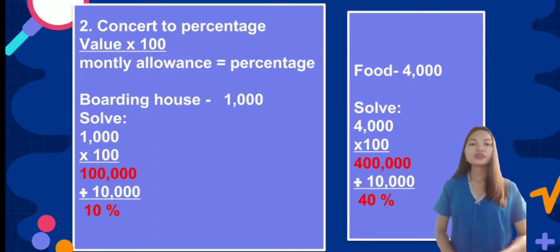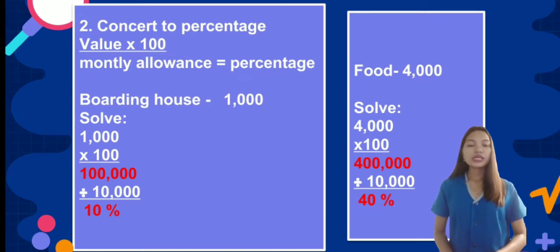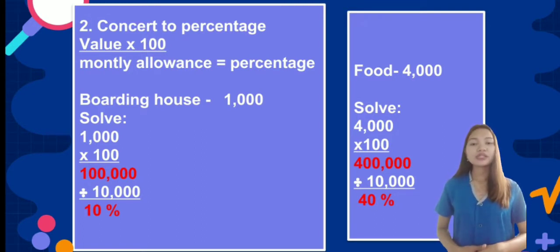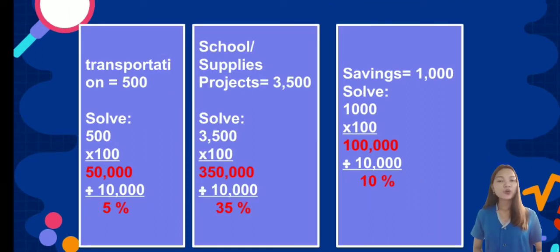Now let's move on to the food. The value of food is 4,000, right? Very good. So 4,000 times 100 is equal to 400,000. So 400,000 divided by 10,000 is equal to 40%. Did you get how to get the percentage, class?